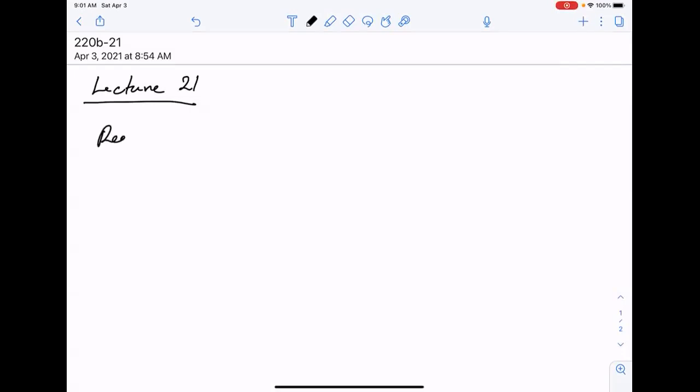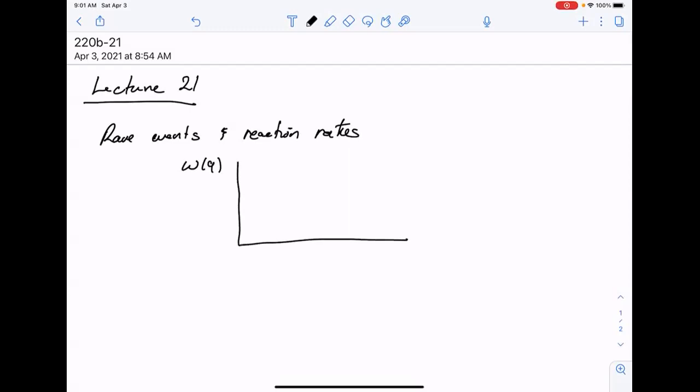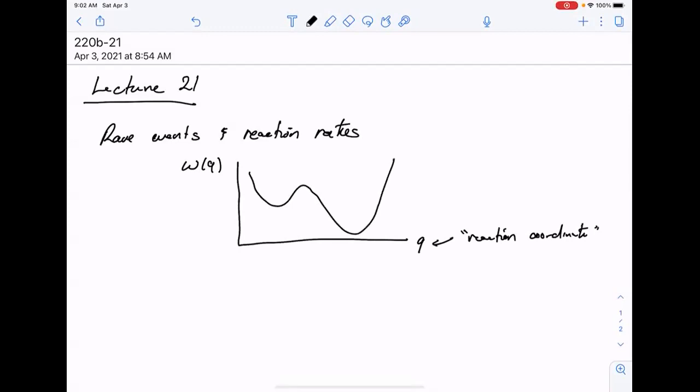So, rare events and reaction rates. So the picture we have in our mind, just to sketch it back out and remind you of what we talked about last lecture, was to envision that we have some system whose progress we can monitor with this variable Q, a so-called reaction coordinate, and which exhibits metastability.